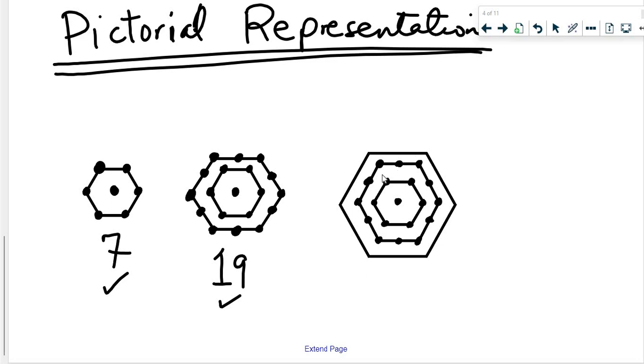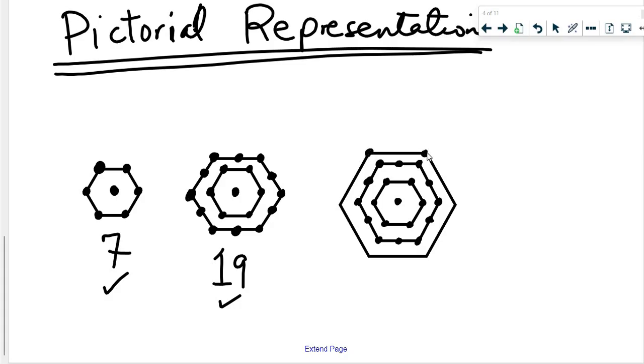I want you to pause this video and think. The first hexagon inside, we kept 1 dot, corner to corner. The next hexagon outside, we kept 1 dot, 1 dot, 1 dot, 1 dot, 1 dot, corner to corner, but 1 more dot in the middle. Guess what? Outside, next hexagon, you do the same thing.